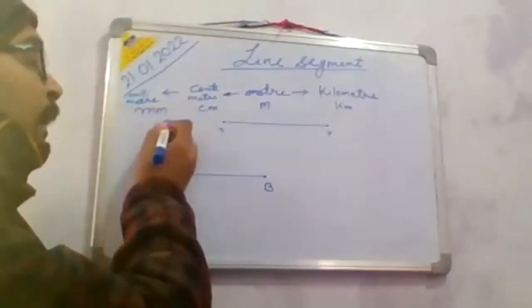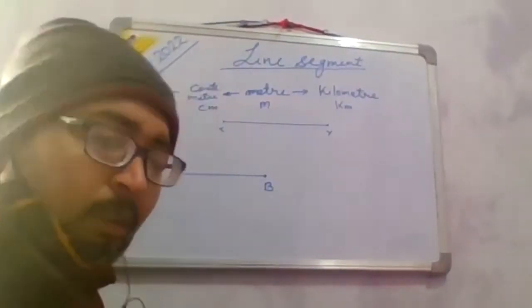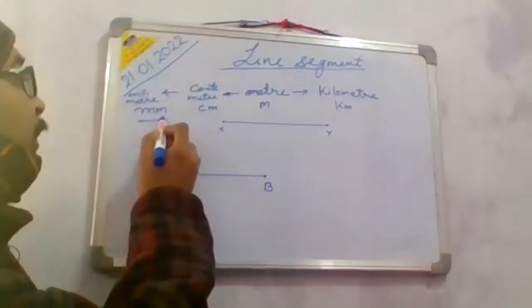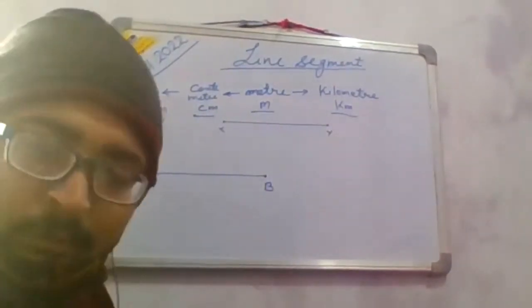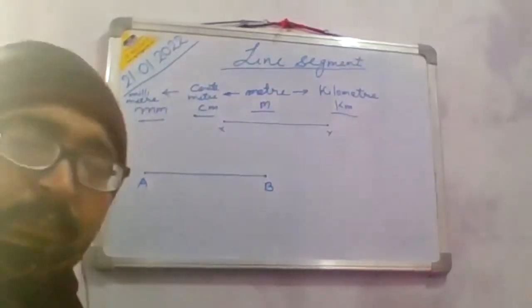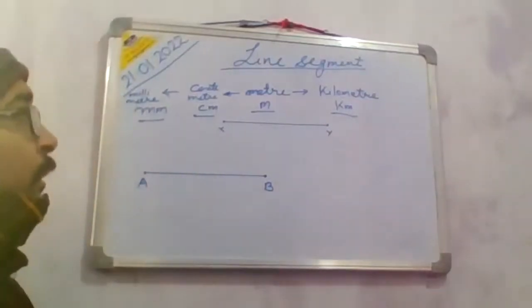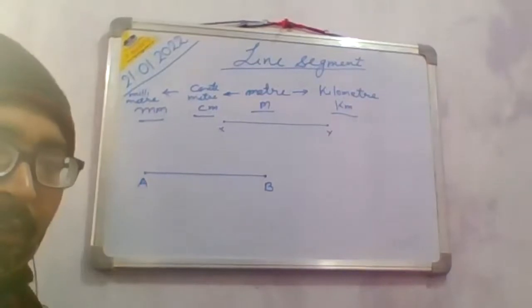The symbol is small double m. Okay, so we have the units millimeter, centimeter, meter, kilometer. We can measure different lengths in terms of millimeter, centimeter, meter, kilometer.